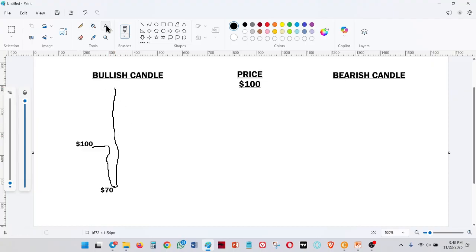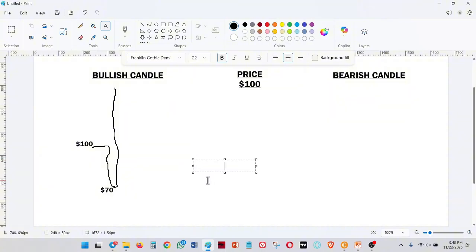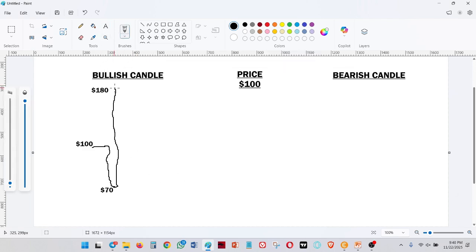And at that level, they pump it to $180 at this level here. Now after pumping it to $180, the sellers came in and said, come on guys, that's too much, man. You people started at $100. Now you have taken it to $180. That's too much, man. We are going to push it down.